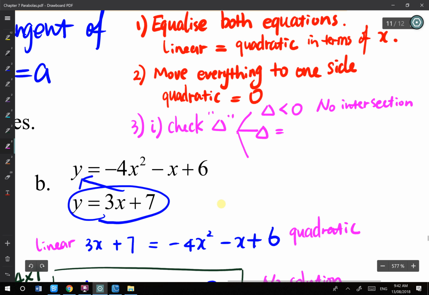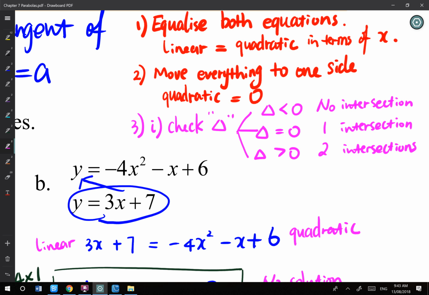If the discriminant equals 0, you will conclude that there's 1 intersection. If the discriminant is greater than 0, there will be 2 intersections. This is when you're asking for the number of solutions. It just asks how many solutions you have. I can't tell what the solutions are yet.